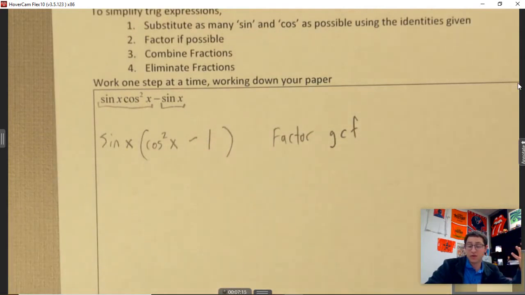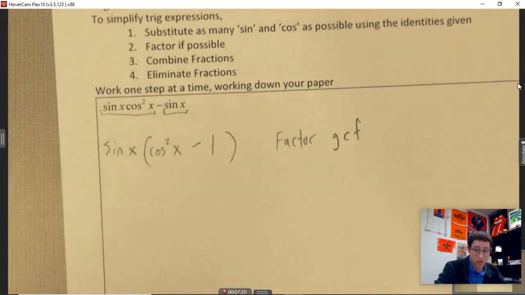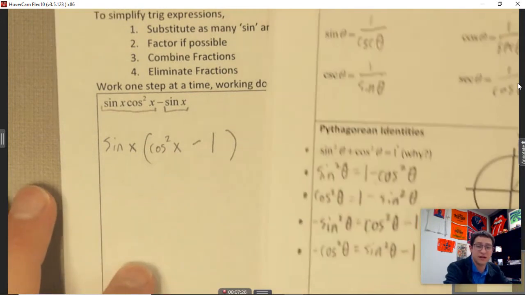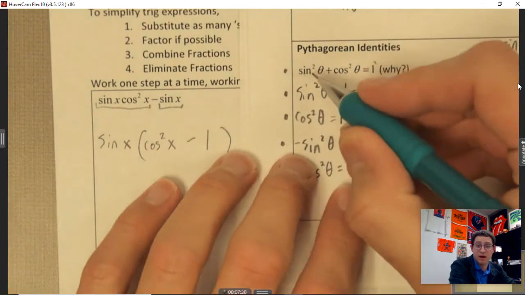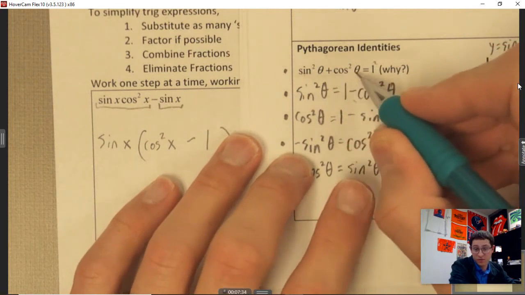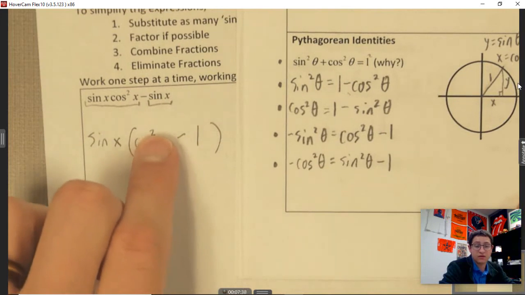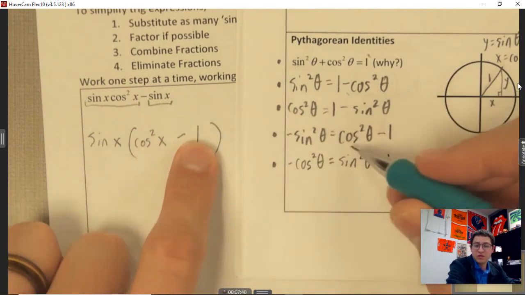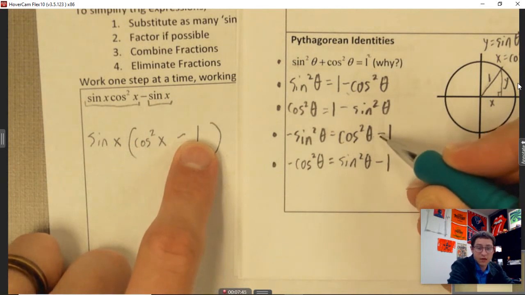Now, maybe you didn't know that, but that's okay. Again, when you see cosine squareds or sine squareds or 1s, you want to say, okay, let's at least look and see if we can replace that with a Pythagorean identity. So we're looking at my Pythagorean identities, and we've got my original sine squared of theta or x plus cosine squared of theta or x is equal to 1. And then I see here I've got the cosine squared of x minus 1. So we just have to find that one, and here it is, cosine squared of theta or x minus 1.